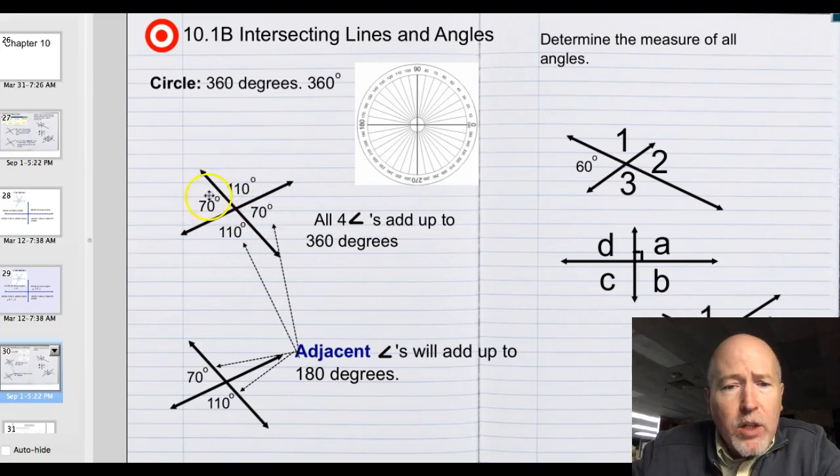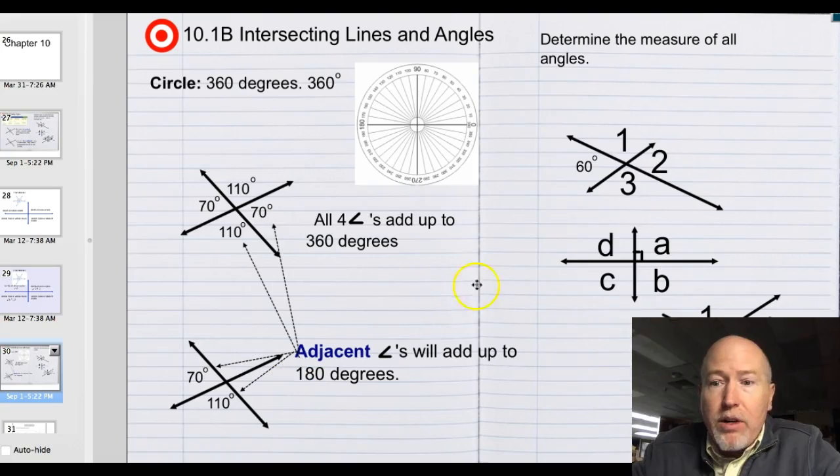All of these angles will add up to be 360 degrees, but any two adjacent angles will add up to be 180 degrees, because together they make, kind of like a circle, 360 degrees. These two have to add up to be 180 because this line here is bisecting a straight line, cutting it into two different angles. So the adjacent angles will add up to be 180 degrees.